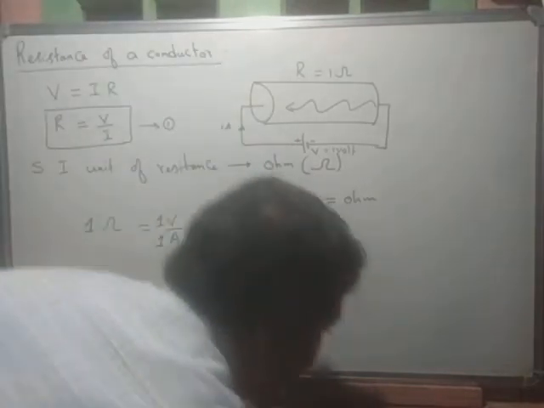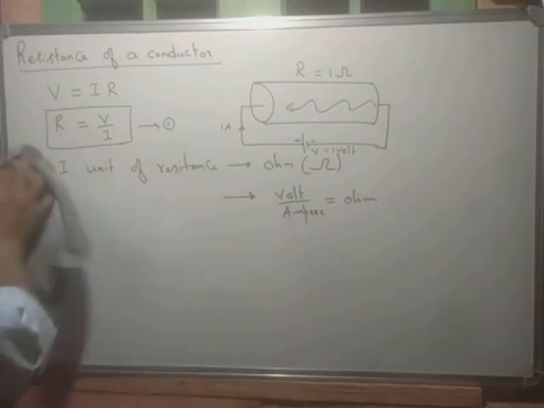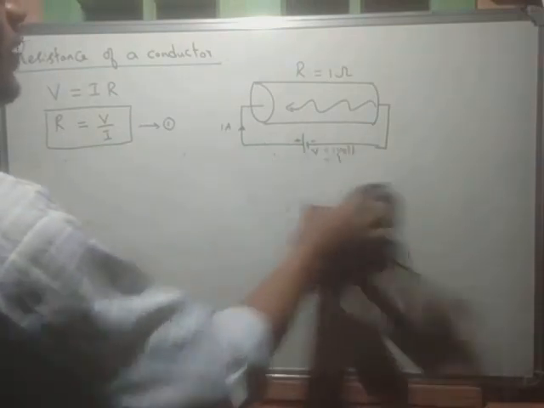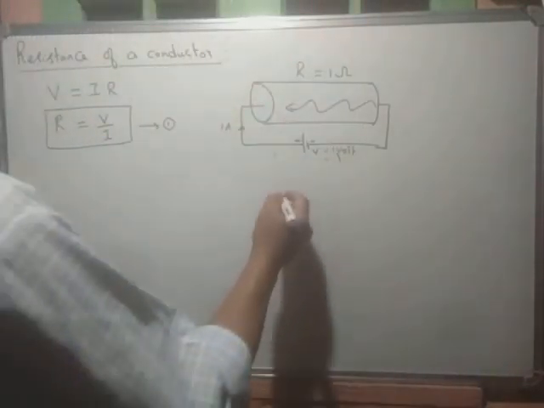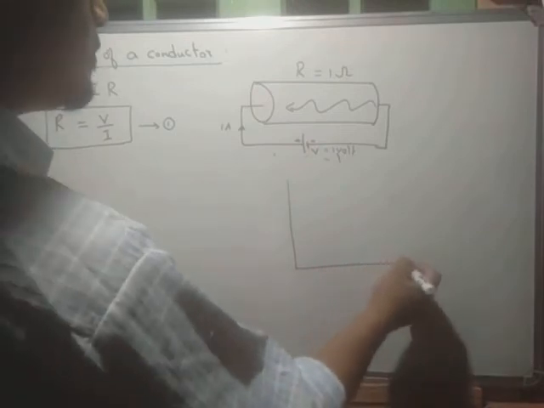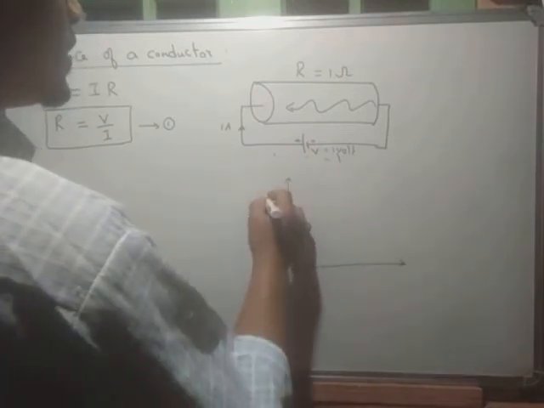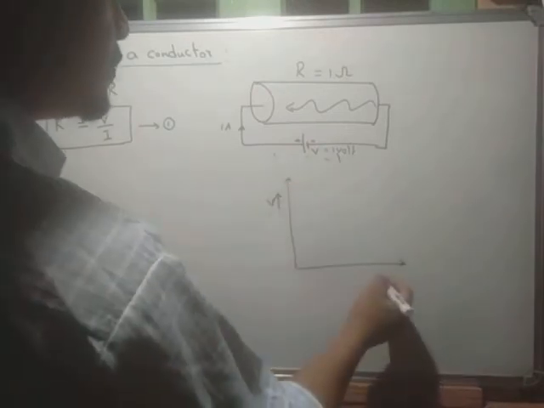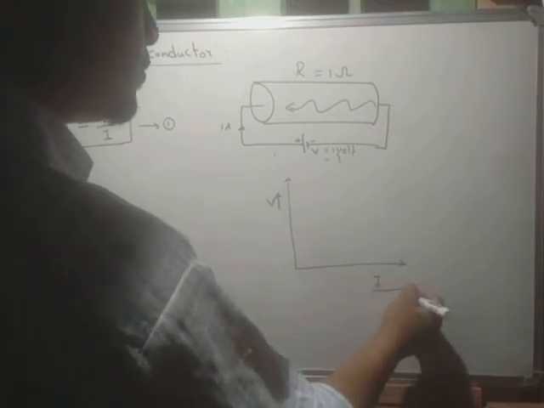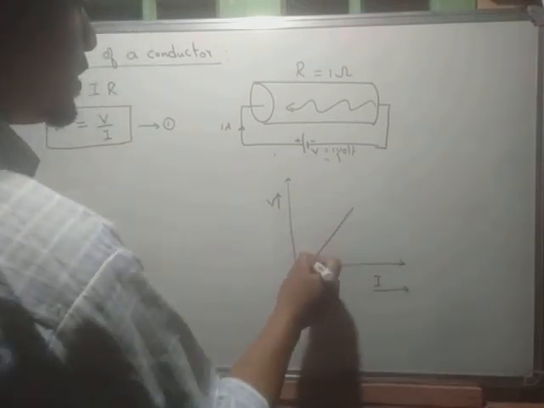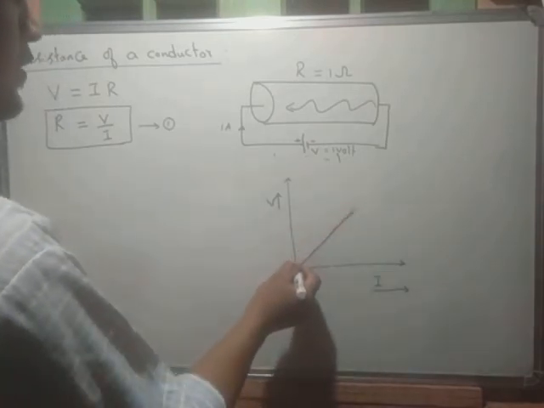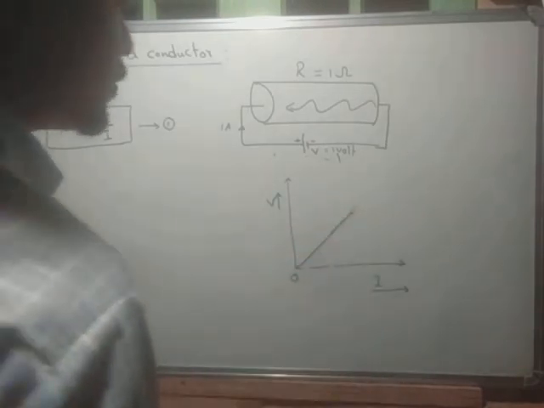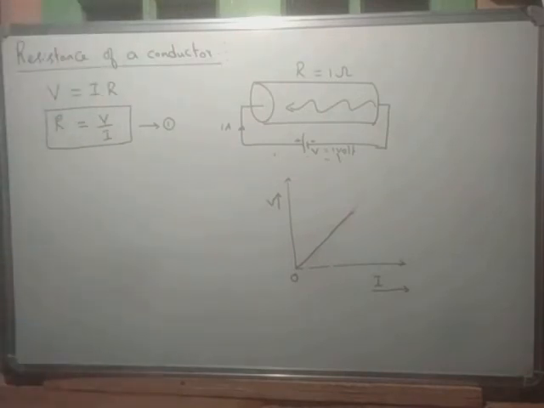Again, let me explain about this equation once again. We have seen yesterday that when you plot the graph between potential difference versus current, then you get a graph like this line, which is a straight line graph passing through the origin.